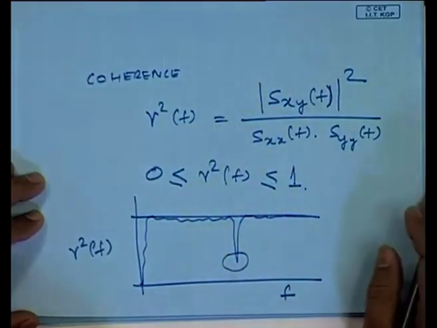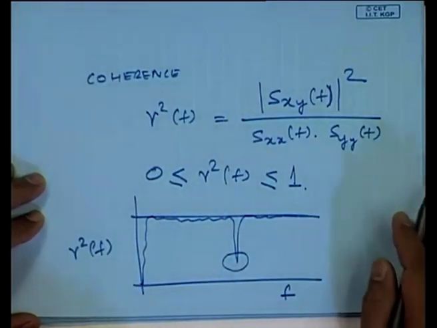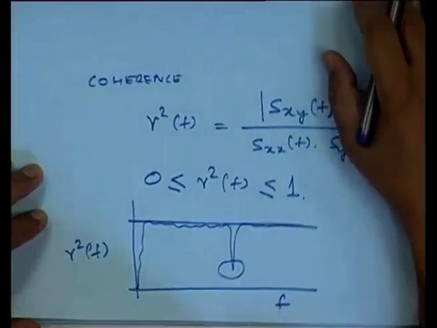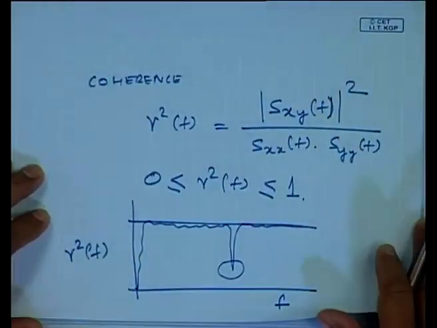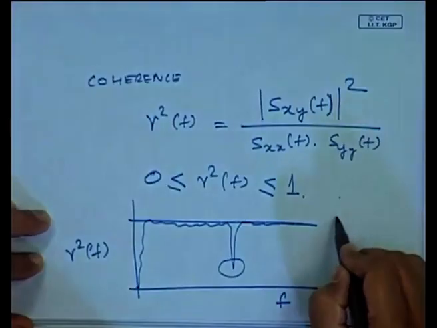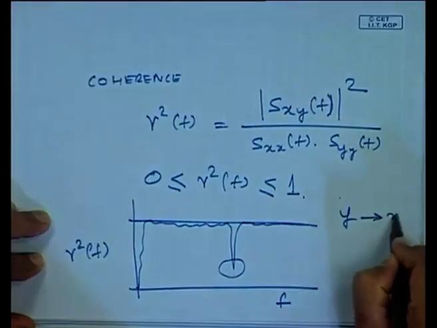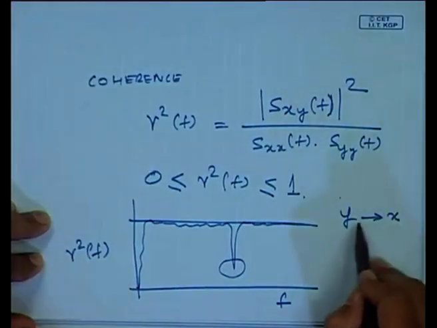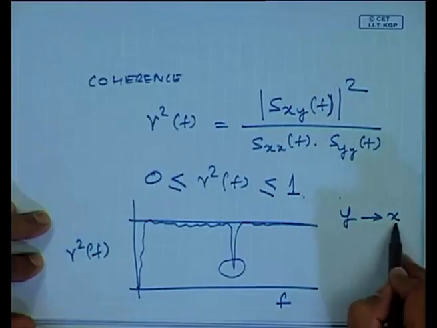So, this has a very important application in machinery diagnostics, and we will see that in the subsequent classes as to how the estimation of coherence, frequency response function and cross spectrum can be used to understand whether the output y has been caused by x, whether a defect which is noticed in y is because of x.